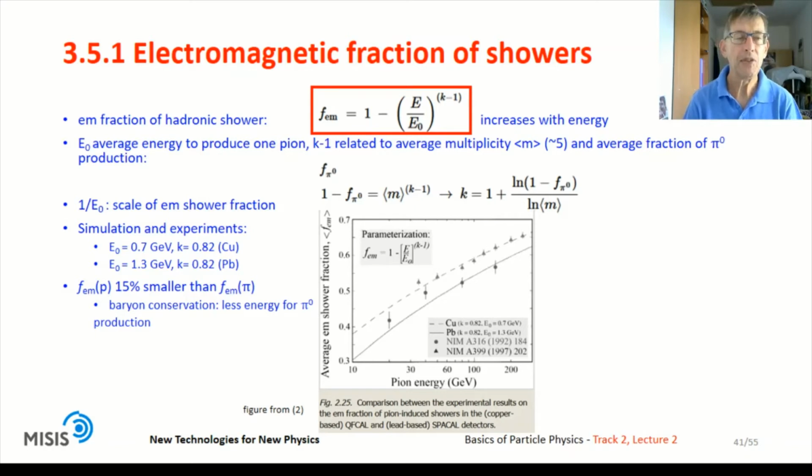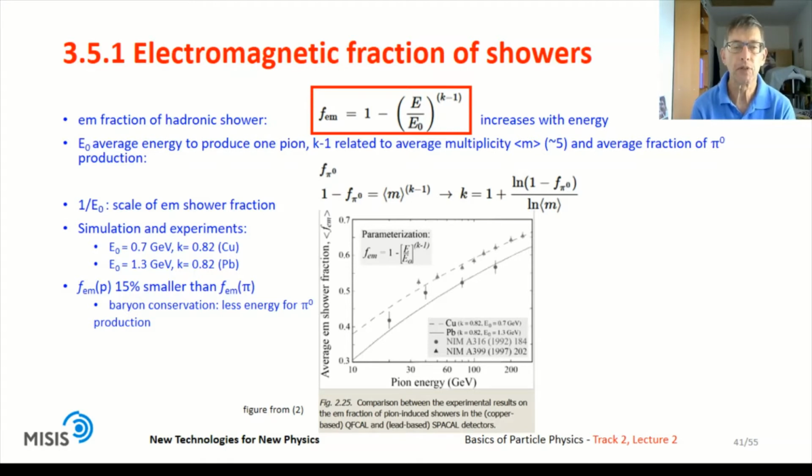Here E0 is the average energy to produce 1 pion, whereas E is the total energy of the incoming particle. k minus 1 is related to the average multiplicity, so the number of mesons, or hadrons, that are made in the collision. It's approximately 5. And then the average fraction of pi zero production, which is less than 1/3. These are all linked through the formula that I've written there.